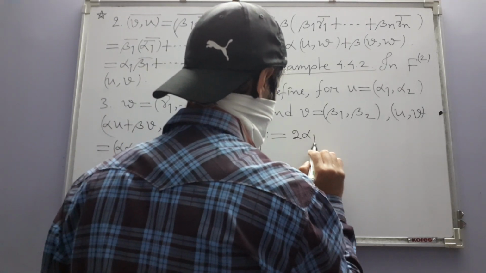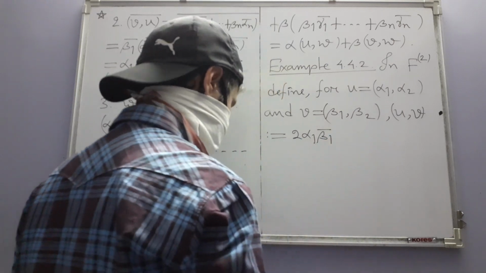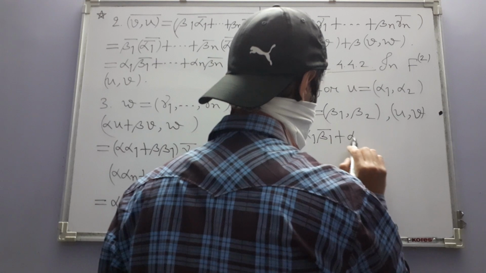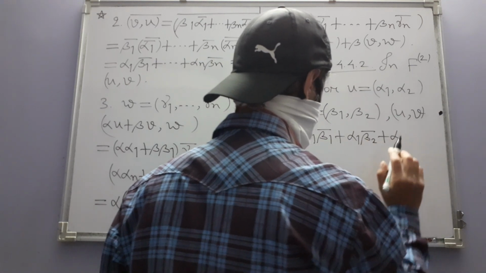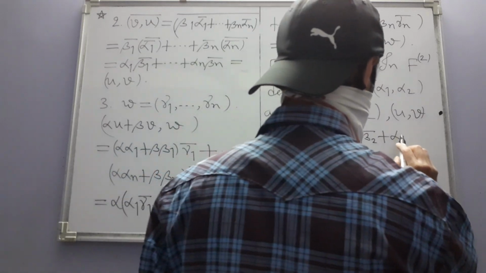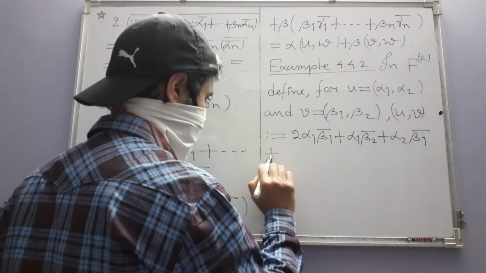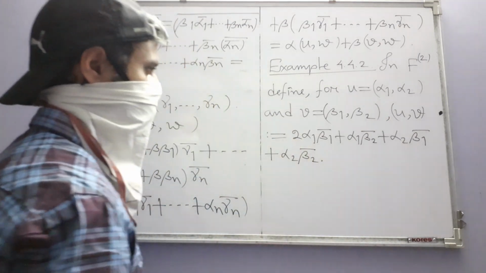2 alpha 1 beta 1 bar plus alpha 1 beta 2 bar plus alpha 2 beta 1 bar plus alpha 2 beta 2 bar.